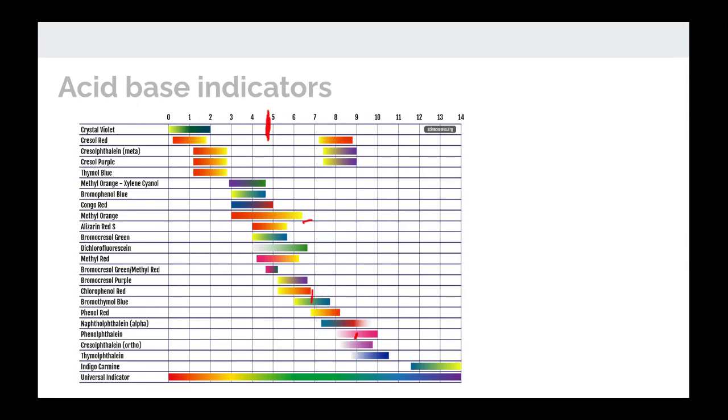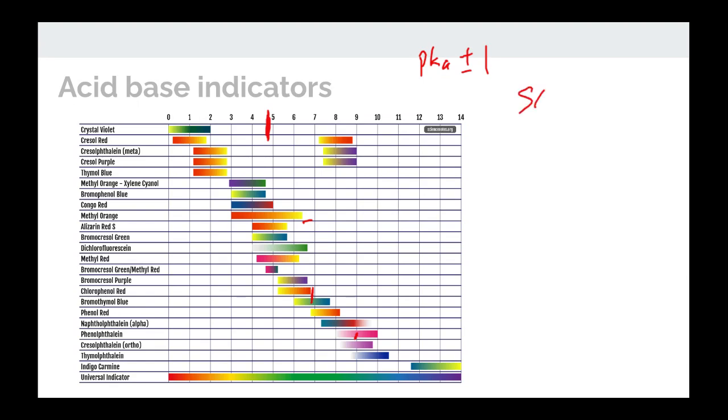Bromothymol blue is another kind of common indicator. Around 7 must be its pKa, because the change from the yellow acid color to the blue base color happens between about 6 and 8. So this chart includes lots and lots of indicators, and you could use a chart like this, or the idea that pKa plus or minus 1 is where your color change is going to occur, to select what would be an appropriate acid-base indicator for your particular reaction.